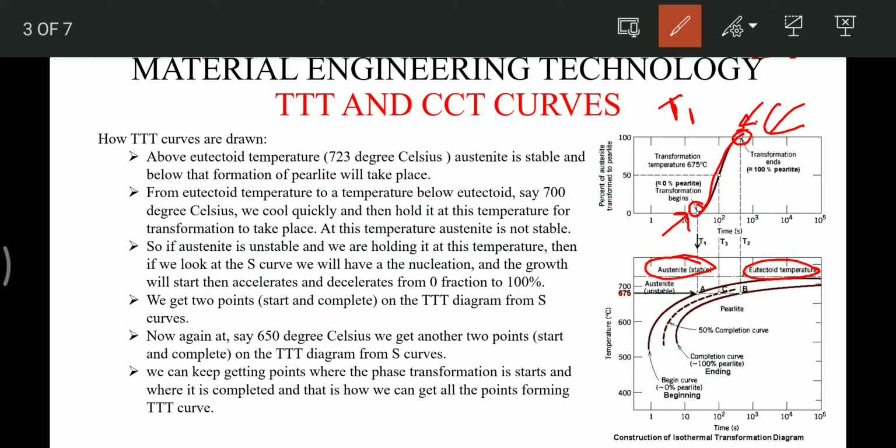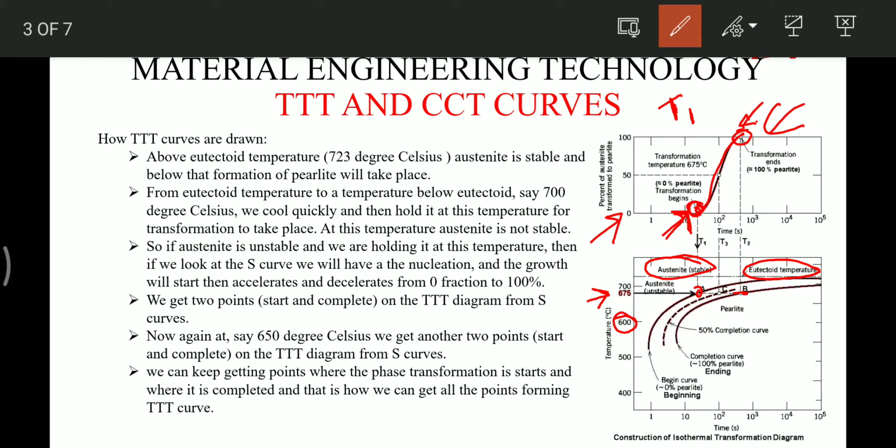So what we will do, we will draw these 2 points at T1. Suppose we are drawing this TTT curve at 700 degrees Celsius, then we will have these 2 points, 1 and 2. Similarly, if we draw the S curve for 600 degrees Celsius, we just keep on waiting at 600 degrees Celsius.